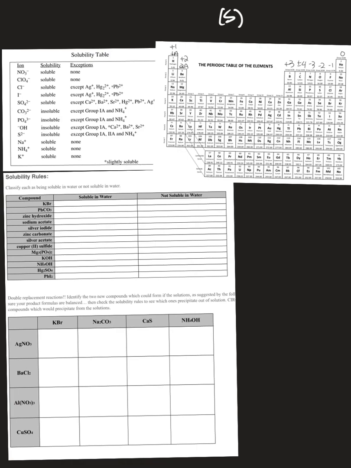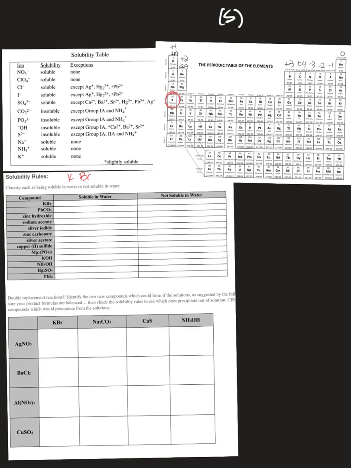Today we're going to use our solubility table, periodic table, and this activity to determine what is soluble and what's not soluble in water. Let's look at this first one, KBr. In this compound, we have potassium and bromine.